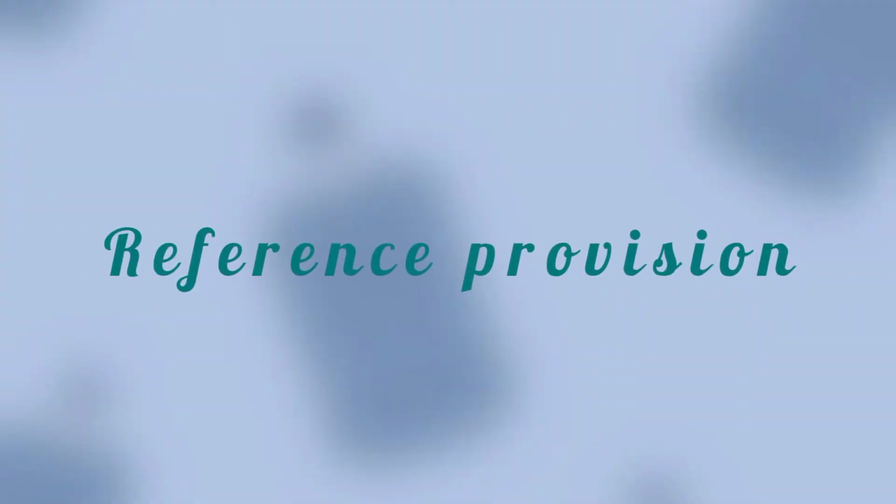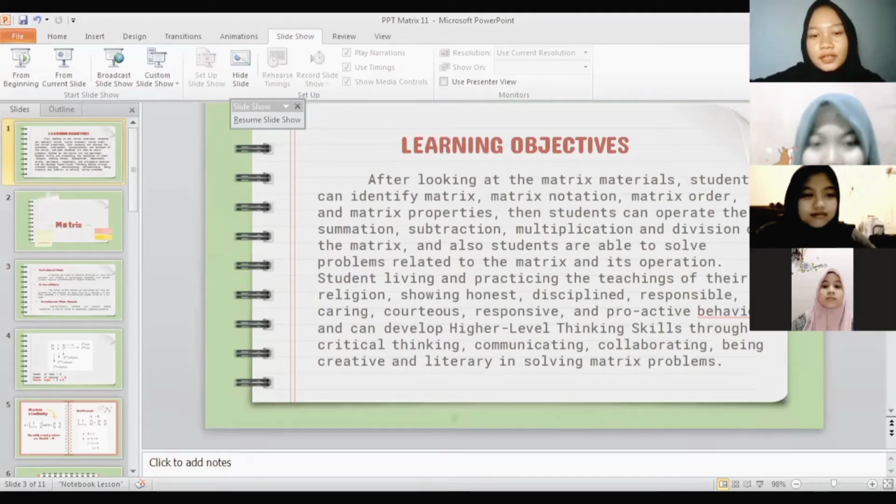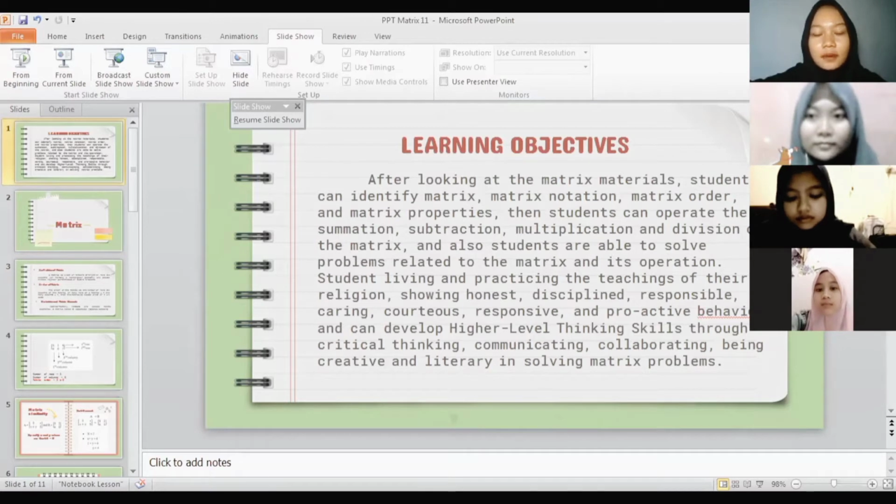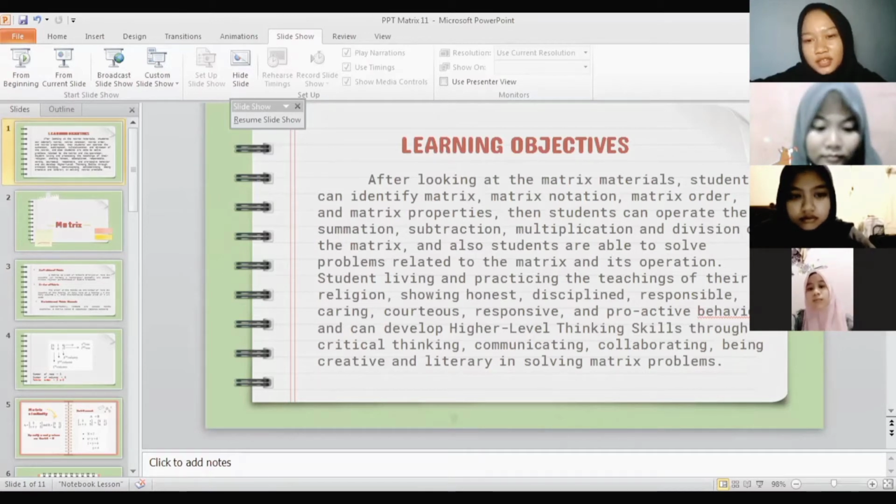Okay, before we talk about the matrix, I'll explain the purpose of learning it. For today's learning objectives, after studying the matrix material, students can identify matrix notation, matrix order, and matrix properties. Then, students can operate the summation, subtraction, multiplication, and division of matrices, and solve problems related to matrices and their operations.